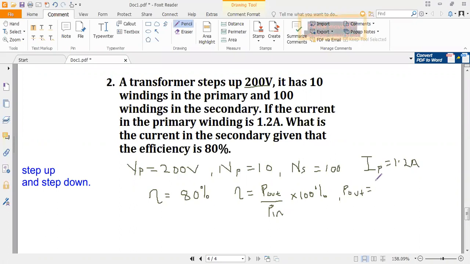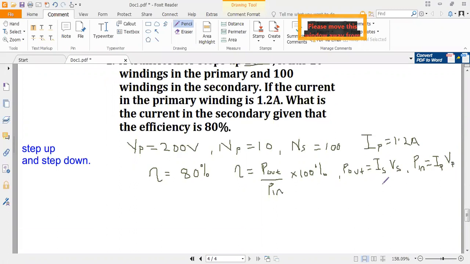So power output is given by the current in the secondary coil multiplied by the voltage in the secondary coil. The power input is got by multiplying the current in the primary coil with the voltage in the primary coil. With all these, we can go ahead and calculate what they're asking us. They're asking for the current in the secondary, given that the efficiency is 80%.